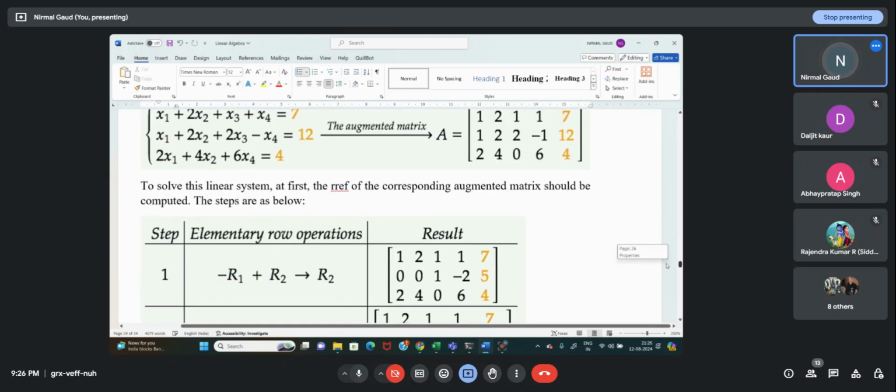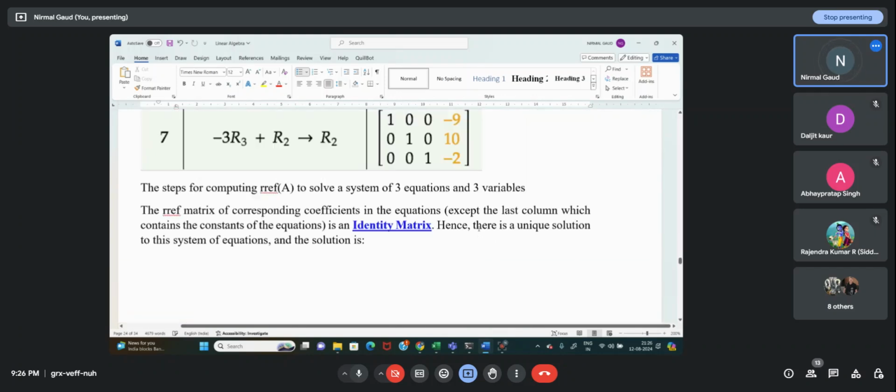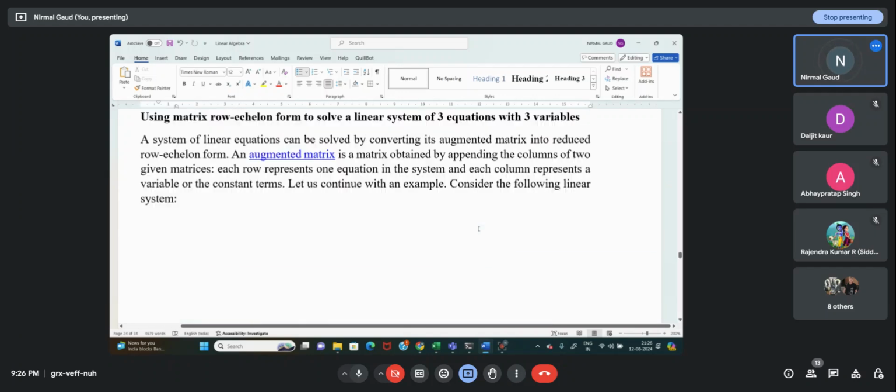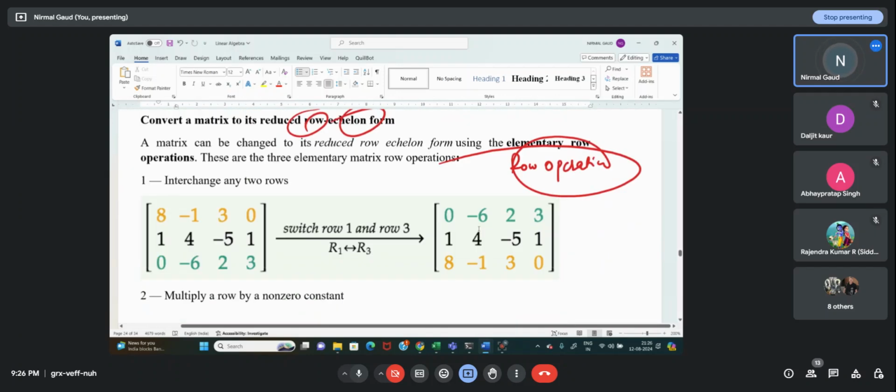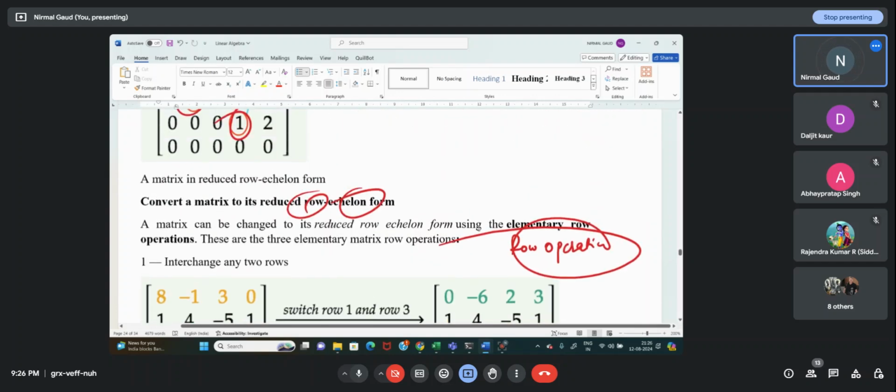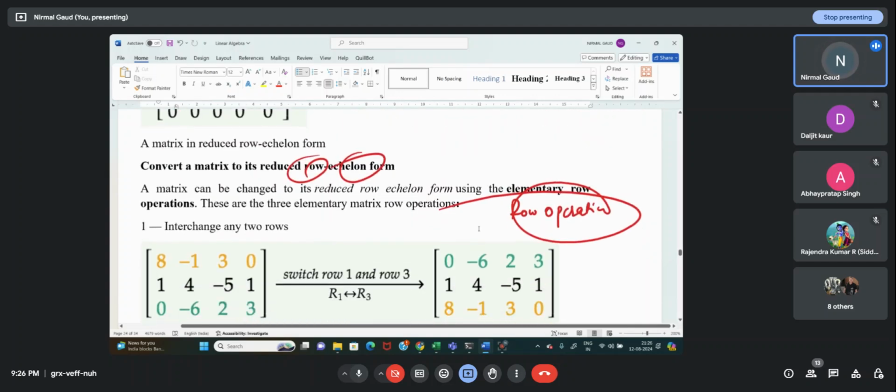Anyway, we'll get those things from here only. So to convert a matrix into reduced echelon format, you have to apply row operations.